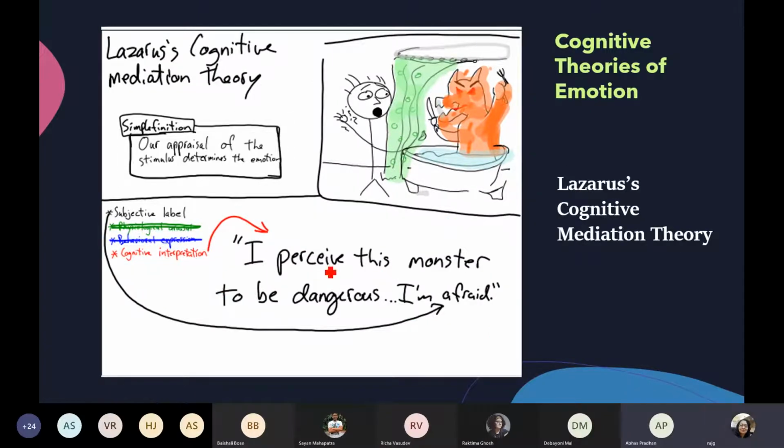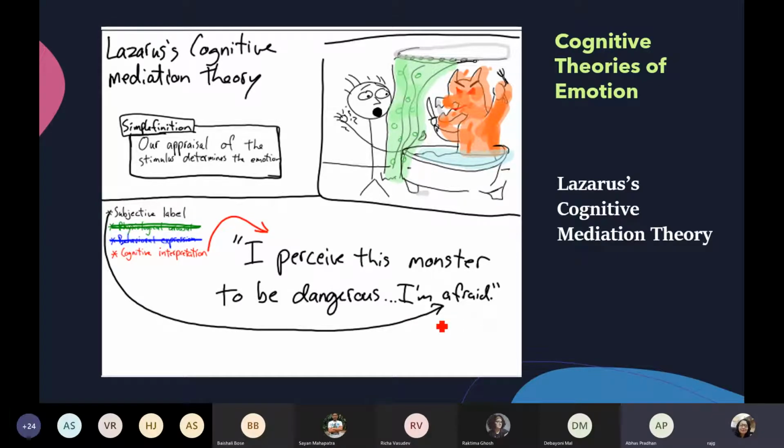And the last one is again a cognitive theory. It's Lazarus's theory, and it's known as the cognitive mediation theory. So in simple words, it is our appraisal of the situation or the stimulus that determines the emotions. It is very similar to the previous theory. So I perceive the monster to be dangerous, that's why I'm afraid.